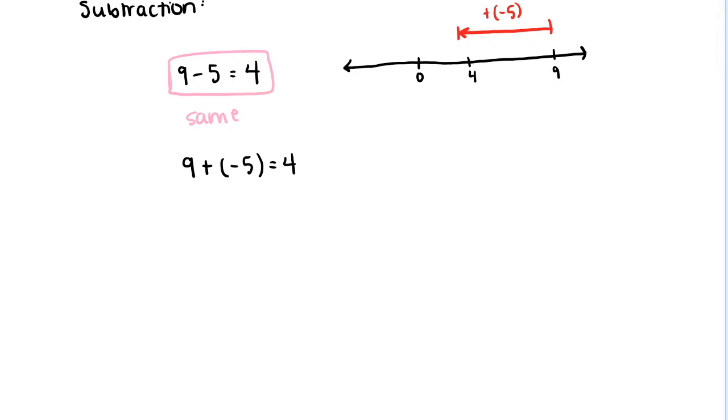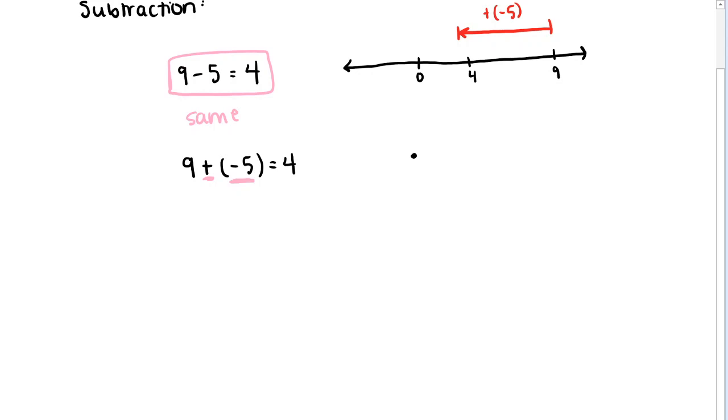But when we start dealing with more confusing examples, what we want to do when we're dealing with subtraction is interpret this subtraction as adding the opposite of the second number. So here, subtracting away 5 is the same as adding the opposite of 5, which is -5.